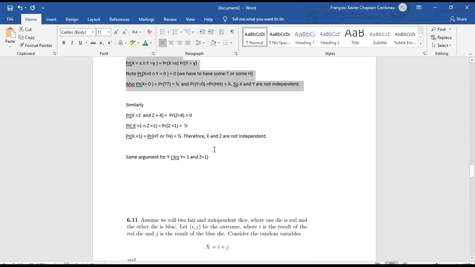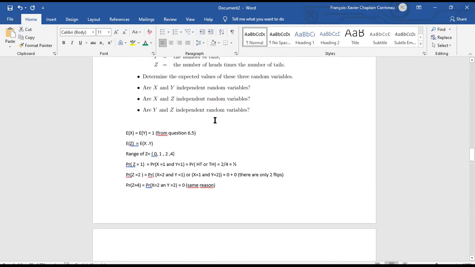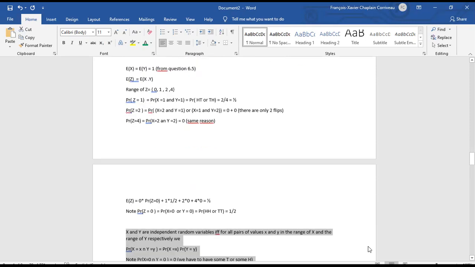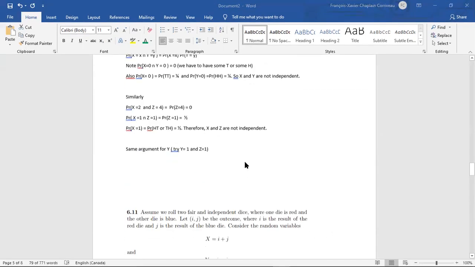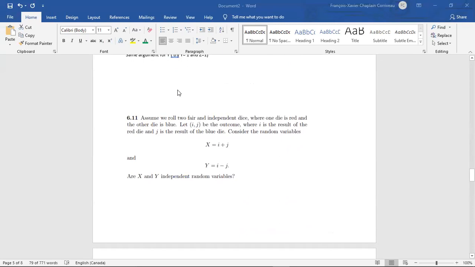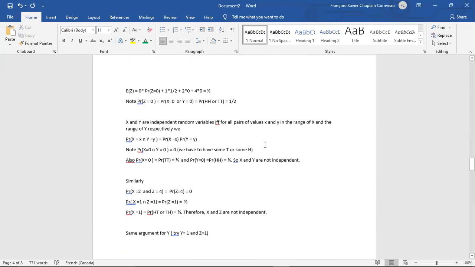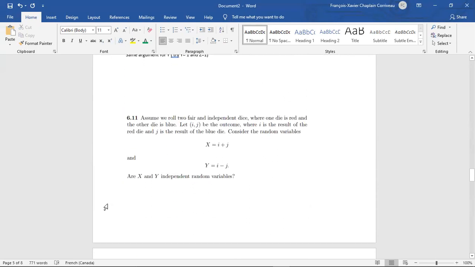I think it's the safest type of answer that you can give, even though you can look at this function and think, oh, well, yeah, they're clearly not independent. Okay. So if you didn't like this question, which I didn't like, but still did it for a reason, now let's look at this one.